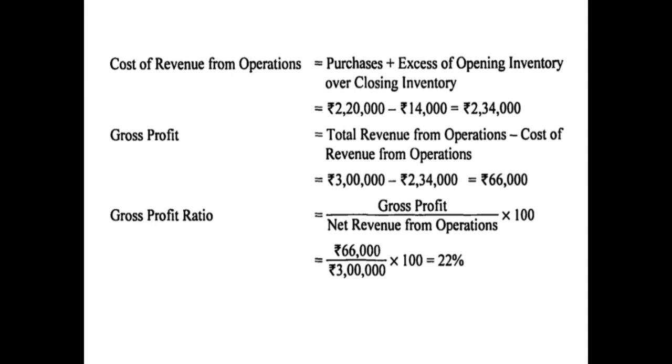We know the formula for gross profit is revenue from operation minus cost of revenue from operation. So revenue from operation we already have, 3 lakh. Now let us calculate the cost of revenue from operation.